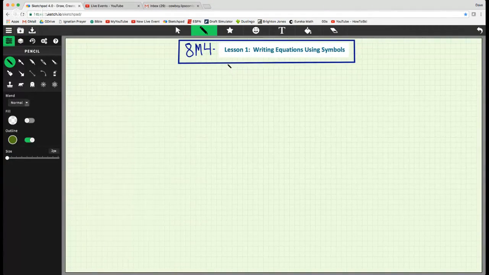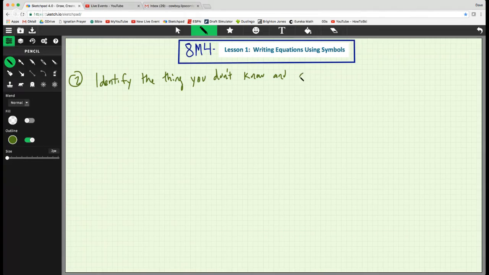So let's go to tip number 2. Tip number 2 is always to identify the unknown. We did a little bit of this in section 1. Identify the thing you don't know and call it x or any other variable.